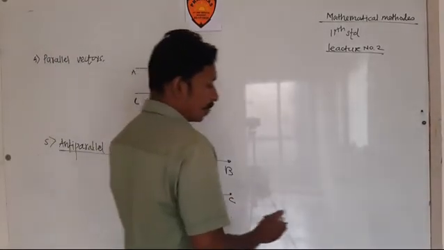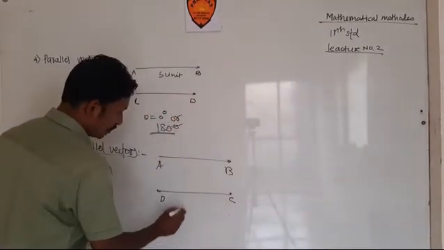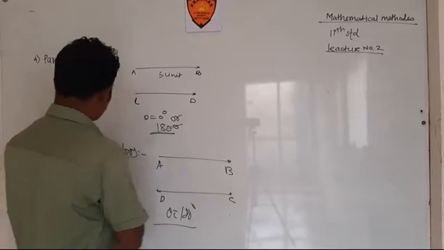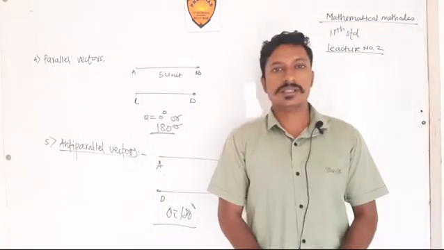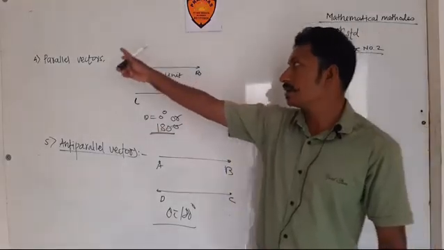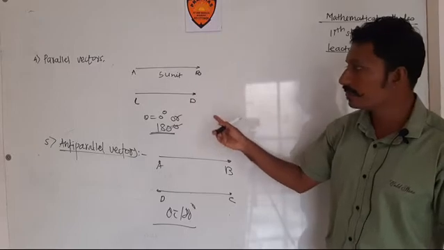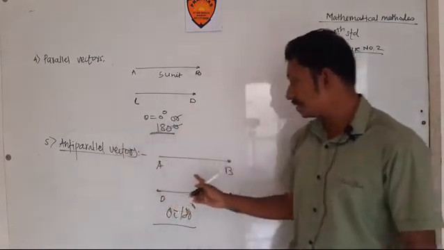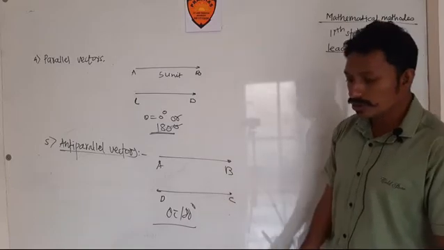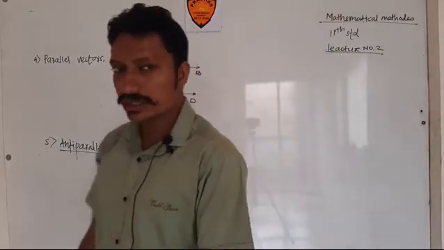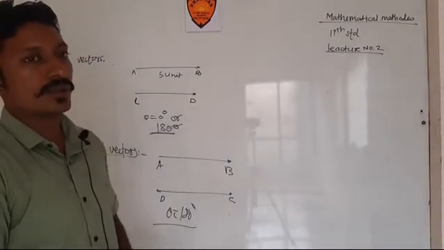The vectors are oppositely directed, that is theta is equal to 180 degree. This is known as anti-parallel vectors. Understand, students: parallel vectors have the same direction and theta is equal to 0 degree. Anti-parallel vectors are oppositely directed, with theta equal to 180 degree.